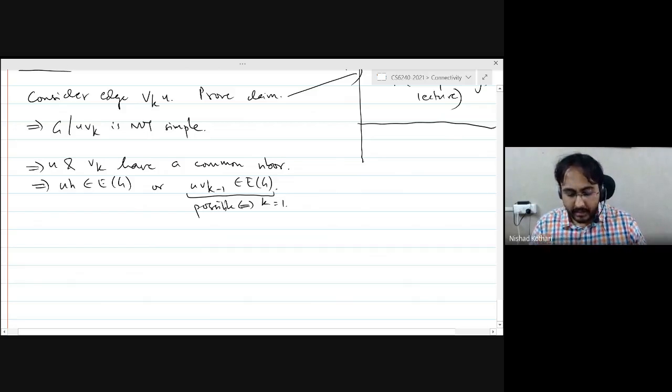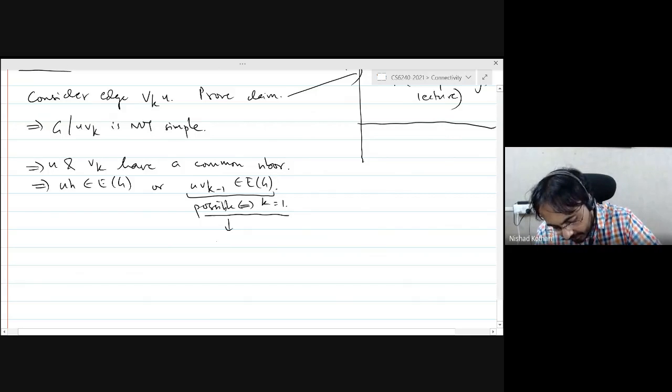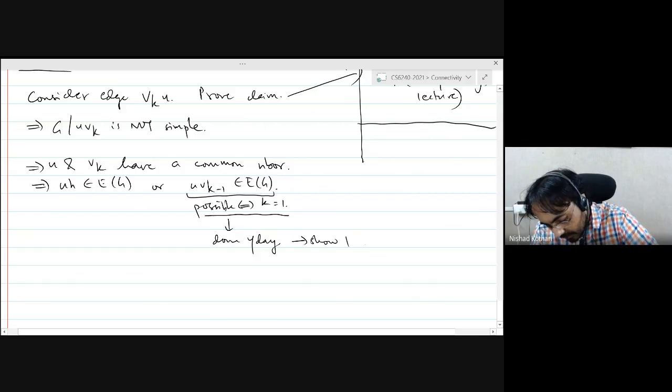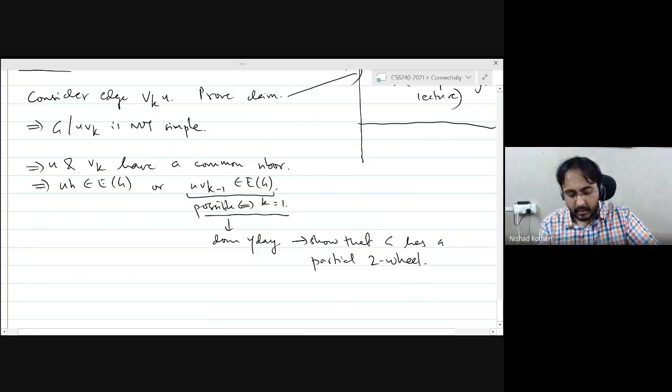Okay, and that is something we did yesterday. So this case was done yesterday. And what happens in this case is that you can show that the graph has a partial 2 wheel. So what I would suggest is that you do it yourself in case you were not there in yesterday's lecture.